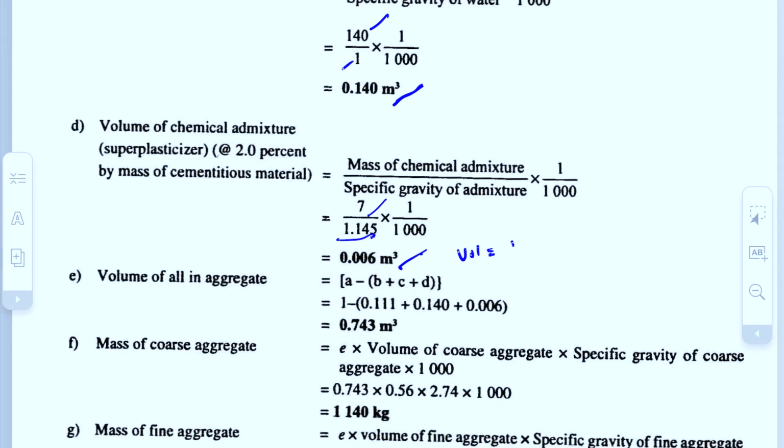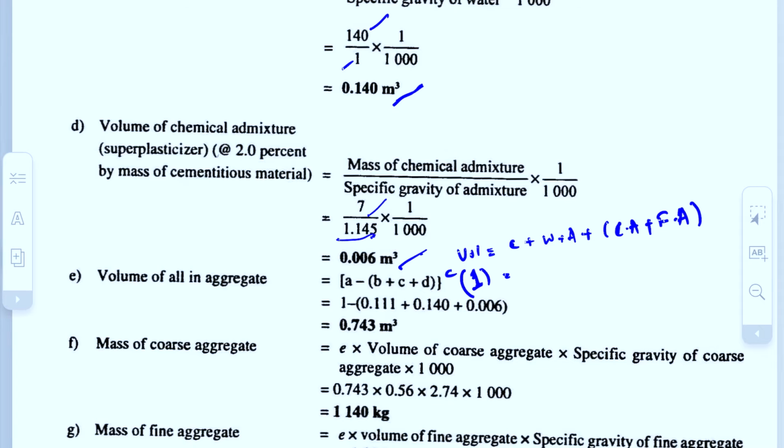Volume of concrete consists of cement plus water plus admixture plus coarse aggregate plus fine aggregate. Now the volume of concrete is 1.